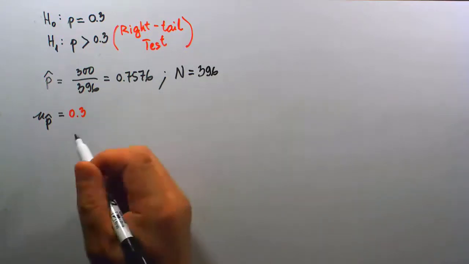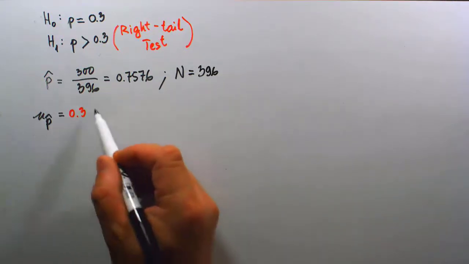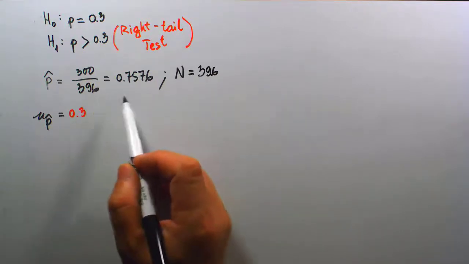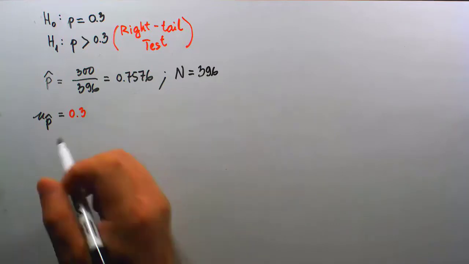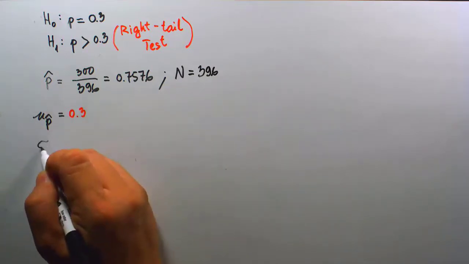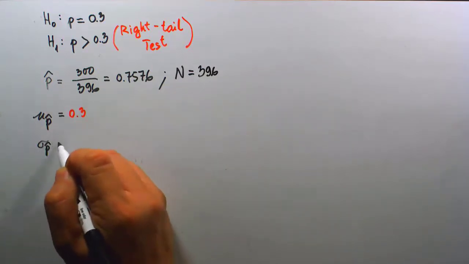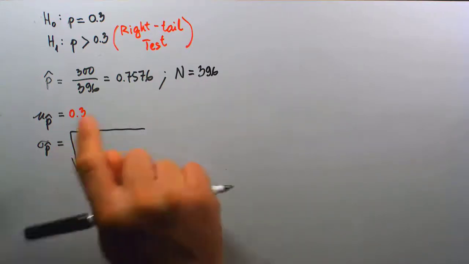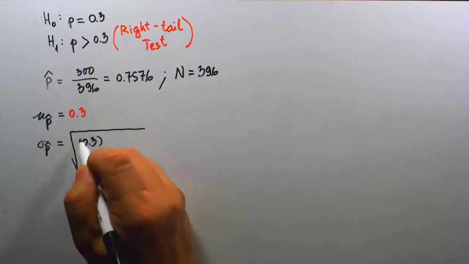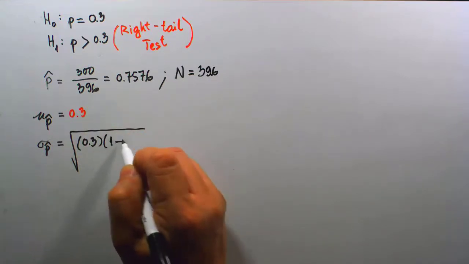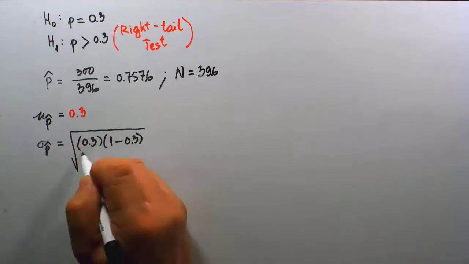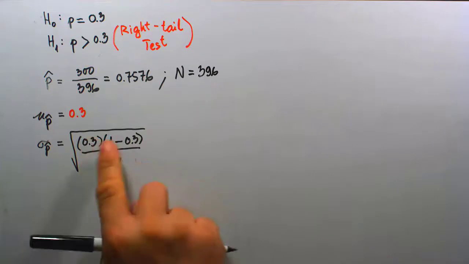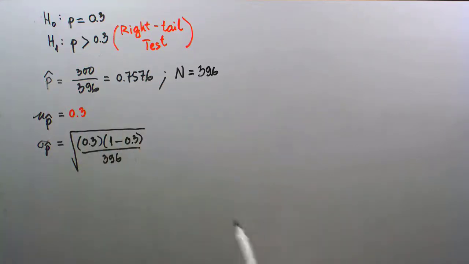After we know the average of all sample proportions, among all sample proportion values existing out there, sigma p hat, the average spreading of all sample proportions, is found by 0.3, the value being claimed, multiplied by 1 minus 0.3, and all divided by the sample size 396, with the entire expression inside a square root.